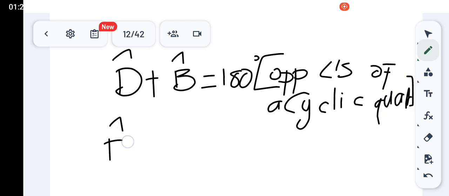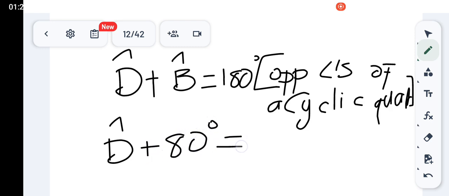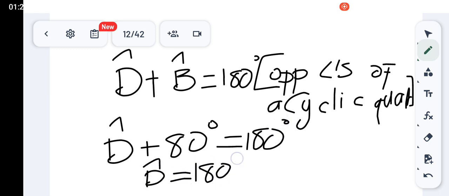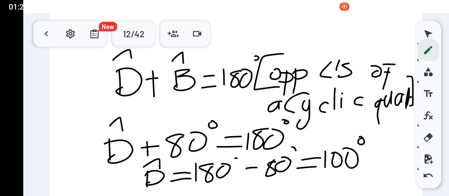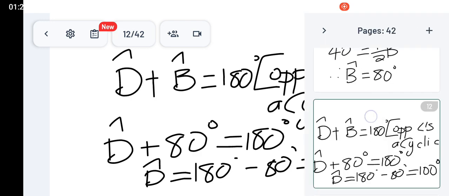In this case, we are looking for angle D. We calculated angle B as 80 degrees. So when we transpose, 180 degrees minus 80 degrees, that is 100.